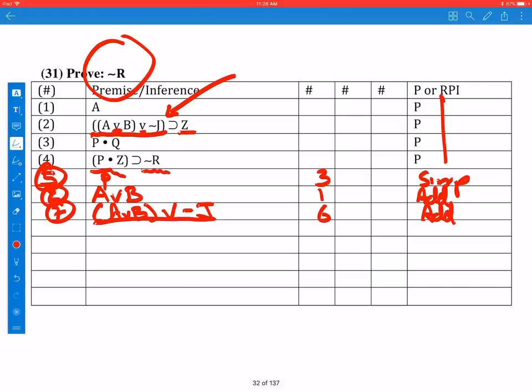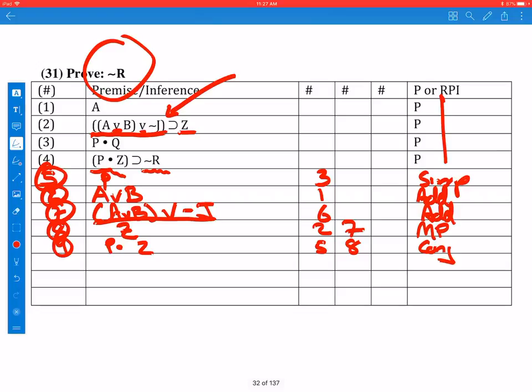And now 7 is the antecedent to 2, so we can do a modus ponens and get Z from 2 and 7, modus ponens. So now we have the two parts, the P and the Z. Let's put them together. P and Z from 5 and 8, and that's conjunction.